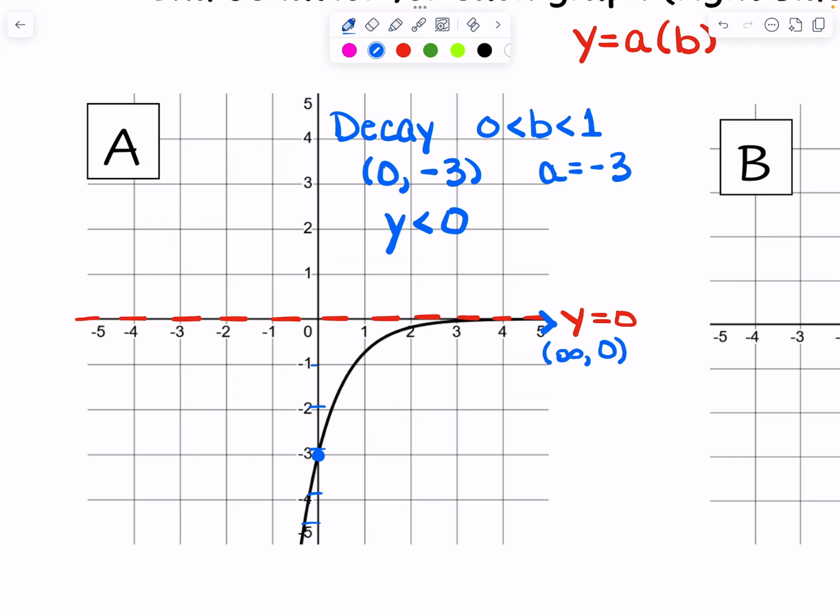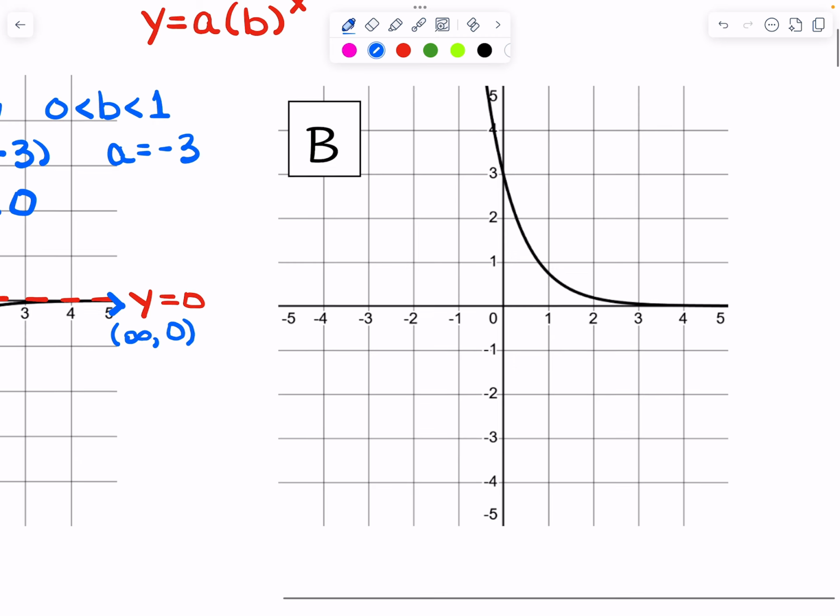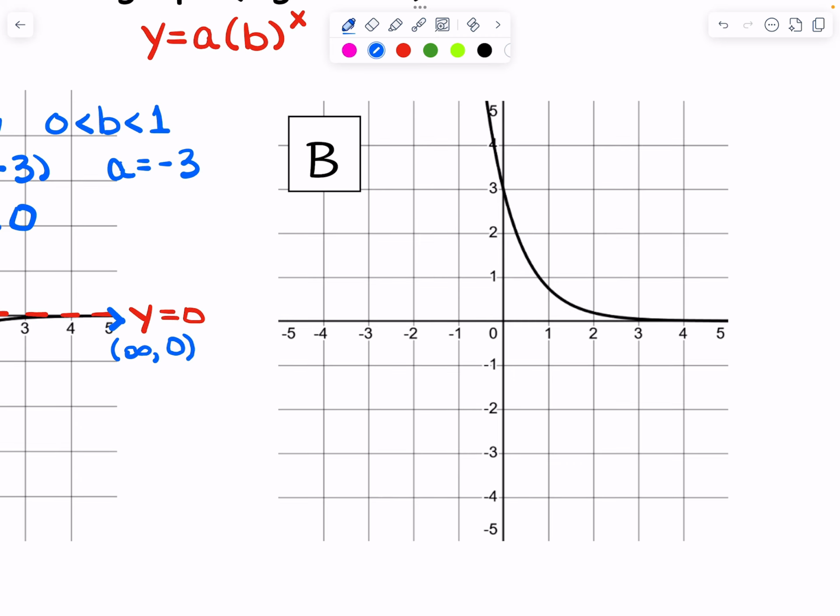All right, so let's go to graph B. On graph B, from left to right, the graph is getting closer to where y equals 0. So since it's getting closer to it, that is a decay. Whenever we have a decay, the B value is going to be between 0 and 1. The y-intercept is at (0, 3), or A equals 3.